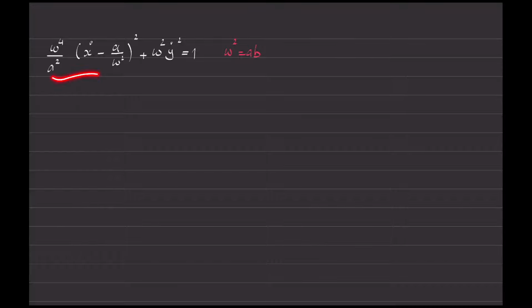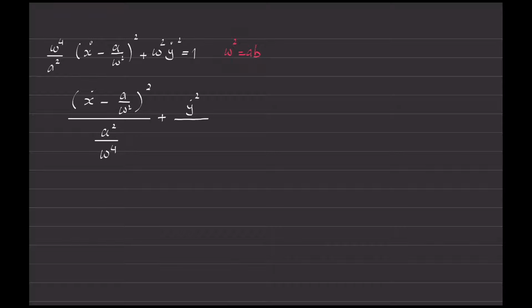This is the equation of the ellipse, and we introduce omega squared to be ab. So what should I do? Let me write this as a standard equation for an ellipse. To do that, I will write it as x dot minus a over omega squared to the power of 2, divided by a squared over omega to the power of 4, and then plus y dot squared.